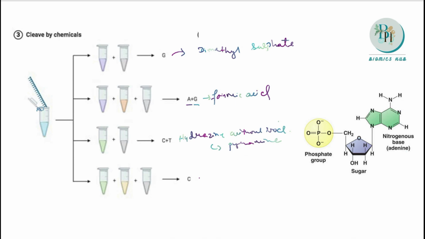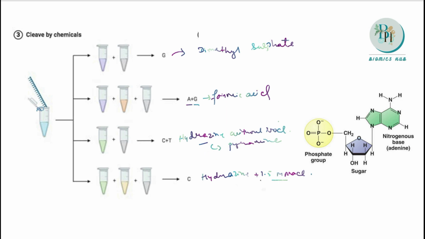In the next tube, what will we add? We will add something for cytosine. Here we will add hydrazine plus 1.5 molar NaCl. So what is the work of this NaCl? We have already discussed that hydrazine works only on the pyrimidine base and it will split the ring into different parts.